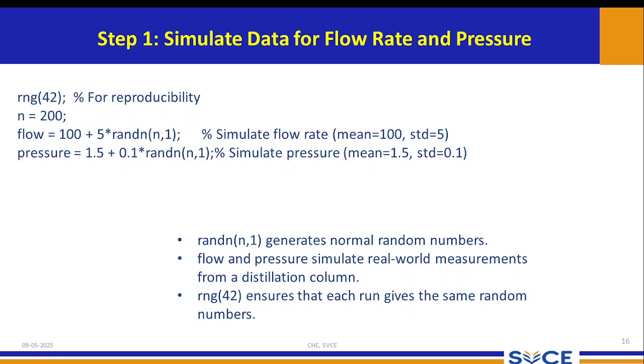The randn of n comma 1 generates normal random numbers. Flow and pressure simulate real-world measurements from a distillation column. The rng 42 ensures that each run gives the same random numbers. So step 1 is to simulate the data for flow rate and pressure.